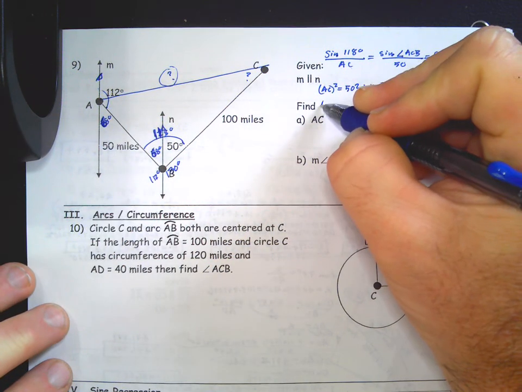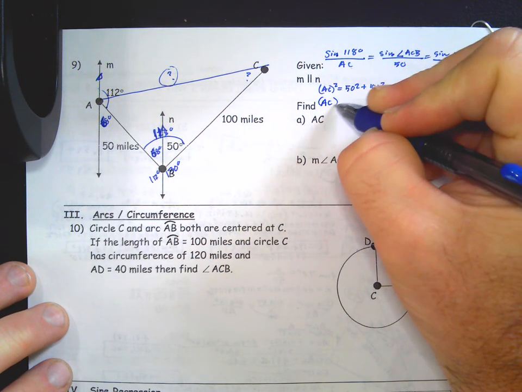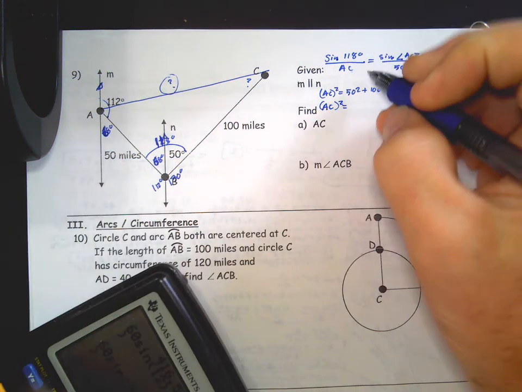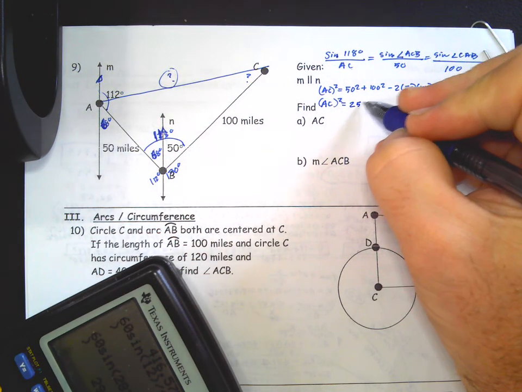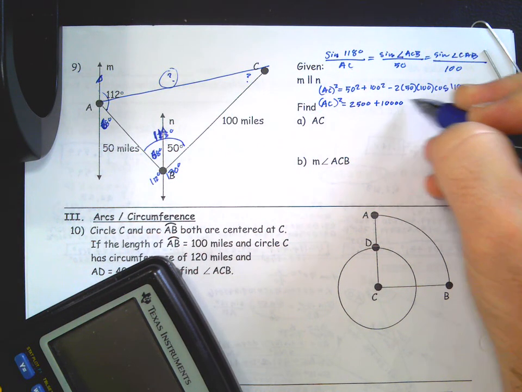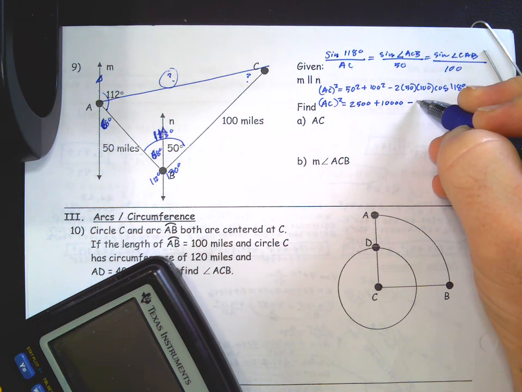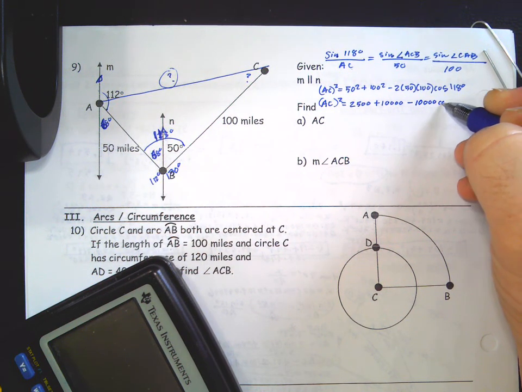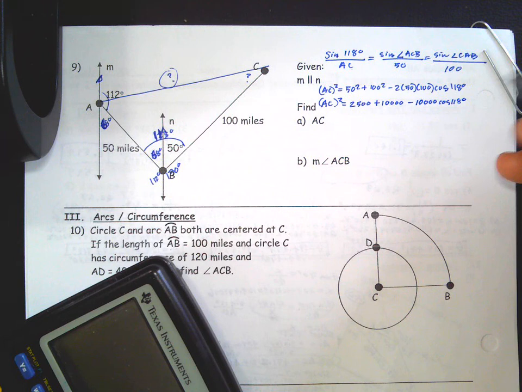So then AC squared equals, you have a calculator, so you could use it, or 50 squared would be 25 with 2 zeros. 100 squared would be 1 with 4 zeros, minus, that's 100 times 100, so that's also going to be 1 with 4 zeros after it. Cosine of 118, I'm definitely leaving.